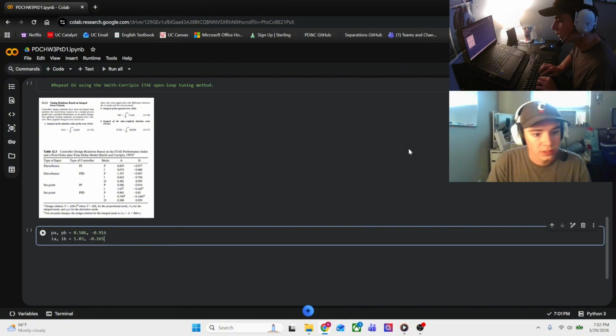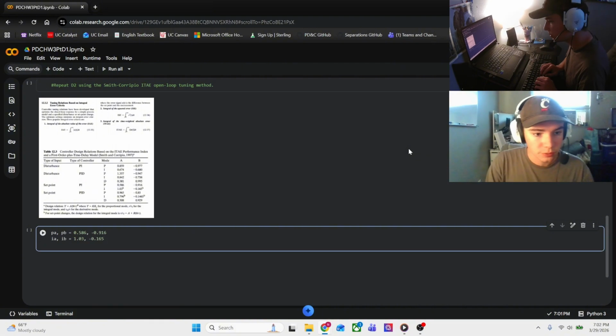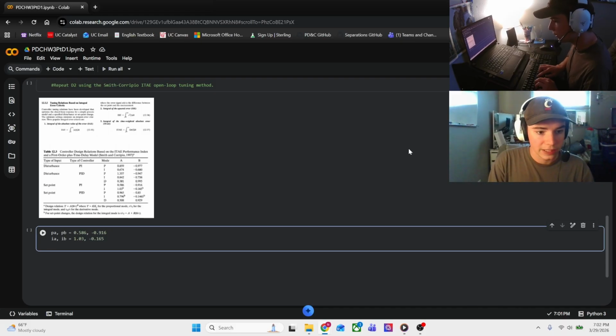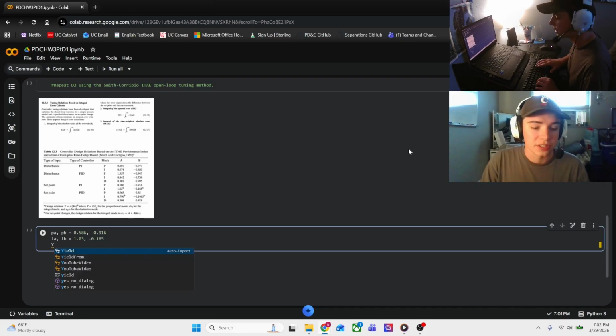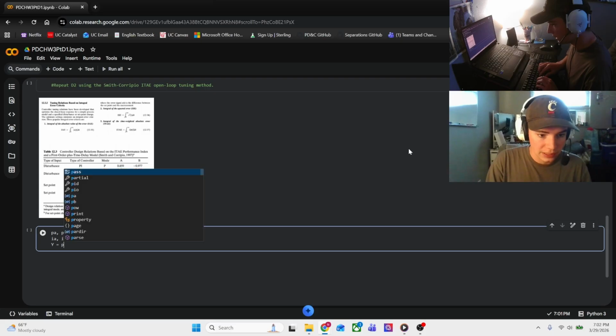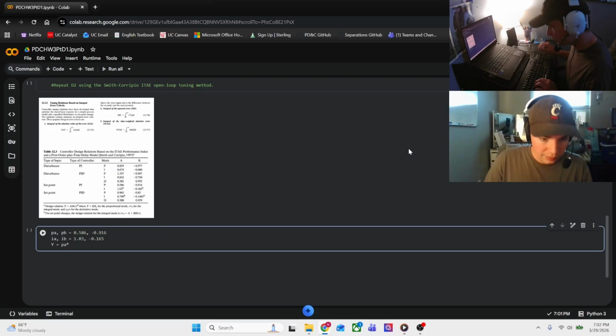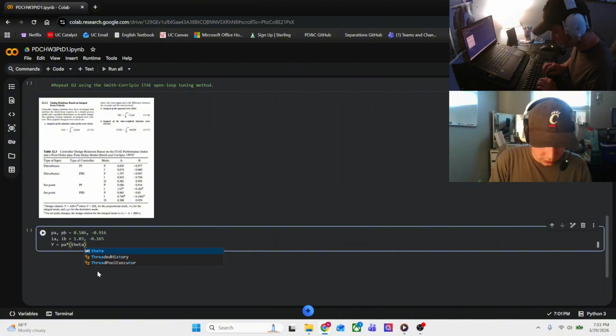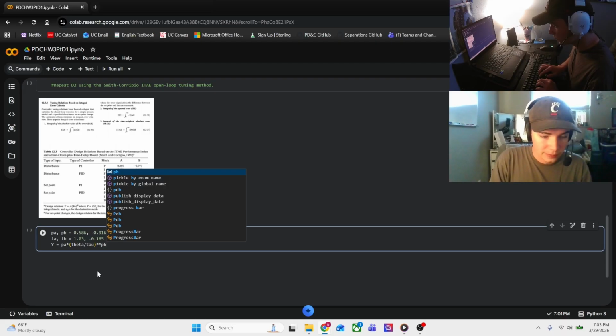Cool. And then once we have those, we can go ahead and find our big Y, which we're going to use to calculate some of the other relevant constants later on. And our big Y is going to be our PA times our theta over our tau to the power of our PB.